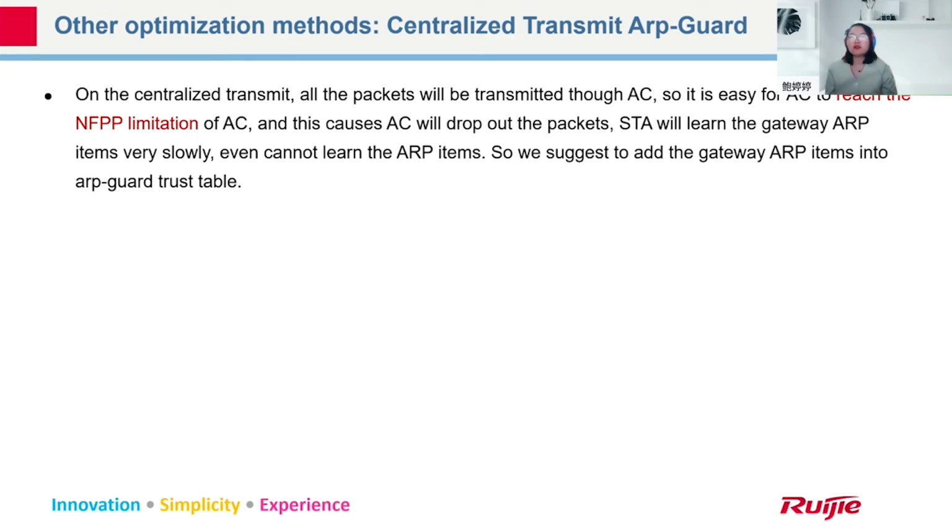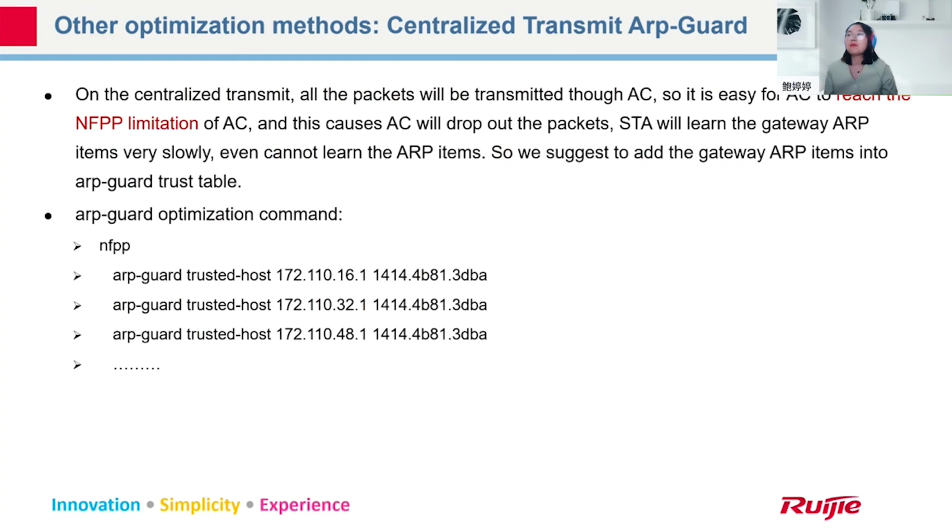In this scenario, you can use this command, ARP guard optimization in the NFPP protocols, and you can add the ARP guard trust host, with the IP address and the MAC address. This is a function of the ARP guard. And after that, we will add the gateway ARP items to the ARP guard trust table. And in this scenario, there is no need to forward this message to the AC devices.